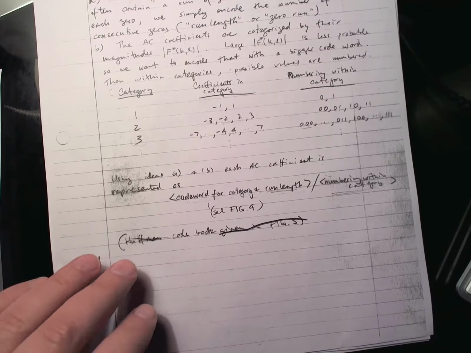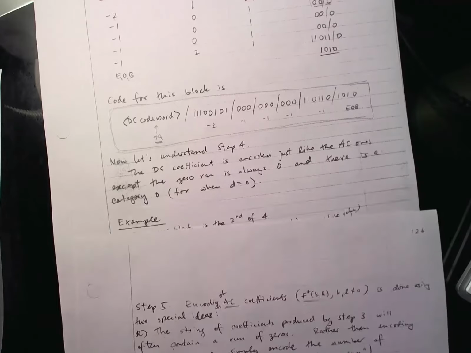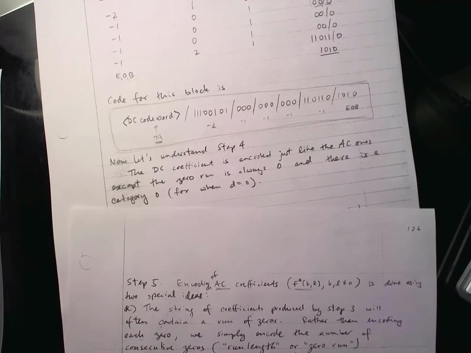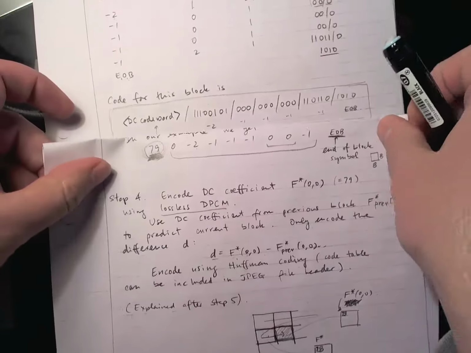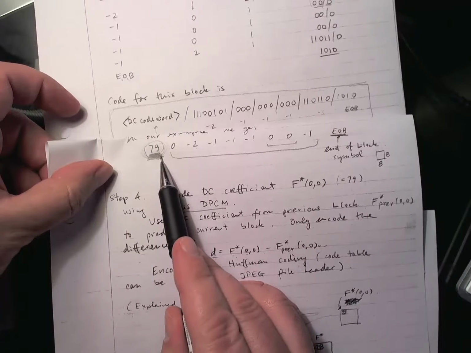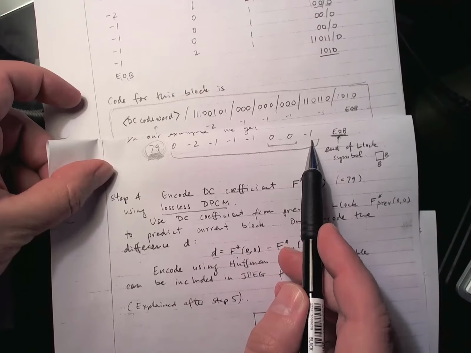And then, I'm going to skip here for a moment and we're going to come back to this. Okay, so here's my series of numbers that now represents that whole block of pixels.